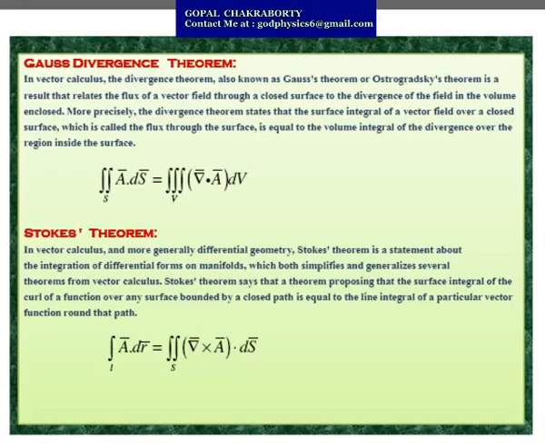Stokes theorem says that the surface integral of the curl of a function over any surface bounded by a closed path is equal to the line integral of a particular vector function around that path. So the mathematical expression is closed line integral A dot dr equals closed surface integral del cross A dot ds. So these are the two expressions corresponding to Gauss divergence theorem and Stokes theorem.